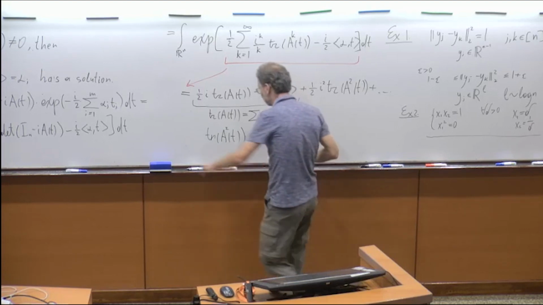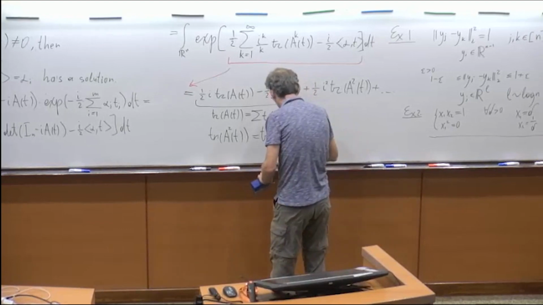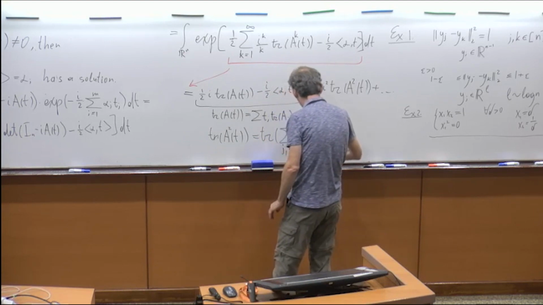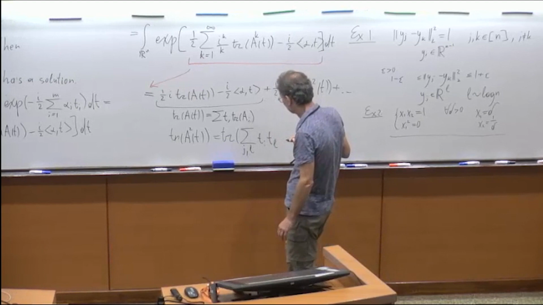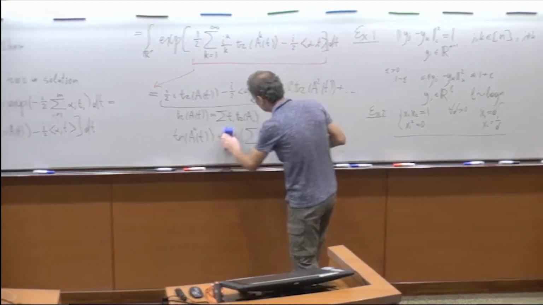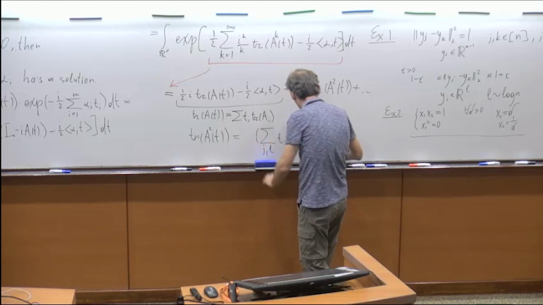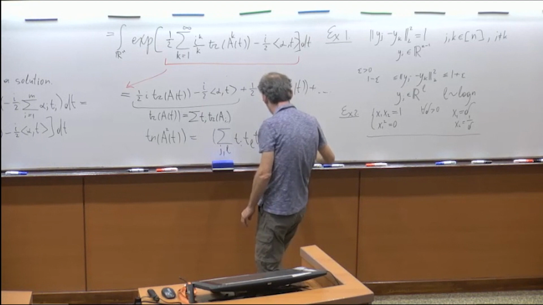So this is the sum over j and l of tj tl, and then trace of Aj Al.